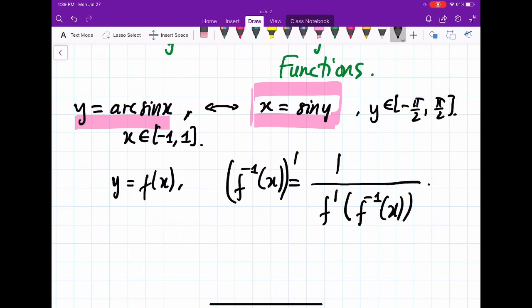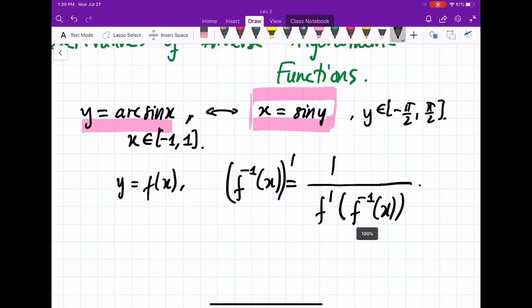Okay, now we will apply this formula to find the derivative of arcsine. Agree?